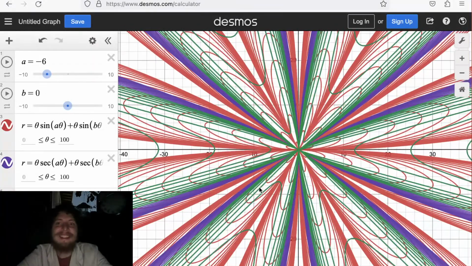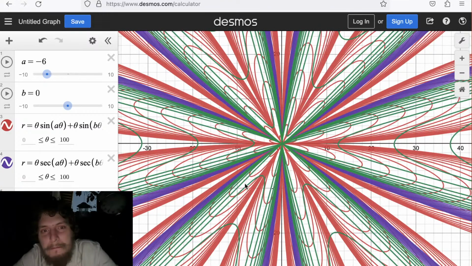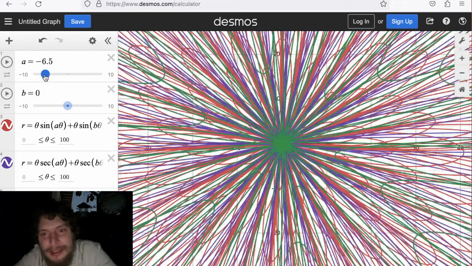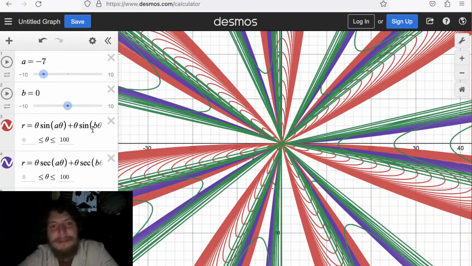Okay, there. B is 0 right now, though. So if B is 0, and that's working so cool right there, we might want to simplify this, because B being 0 makes this really simple. It's theta times sine of 0.